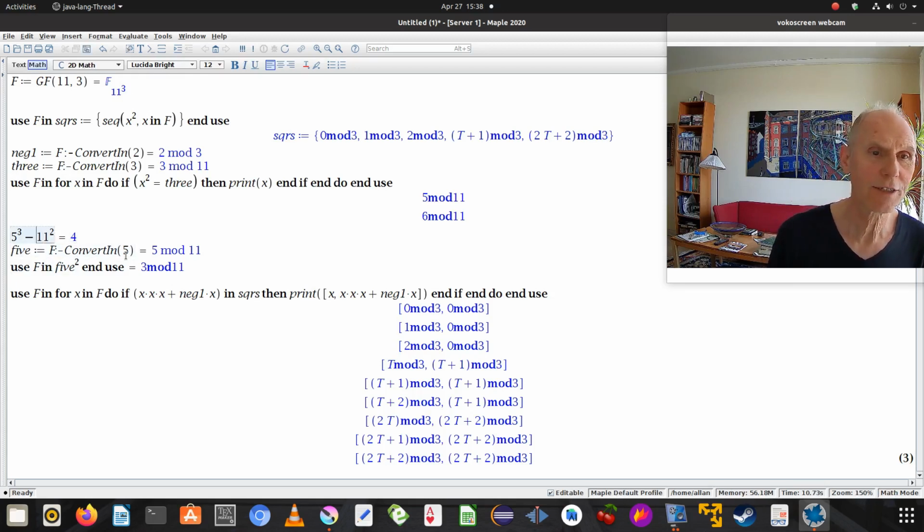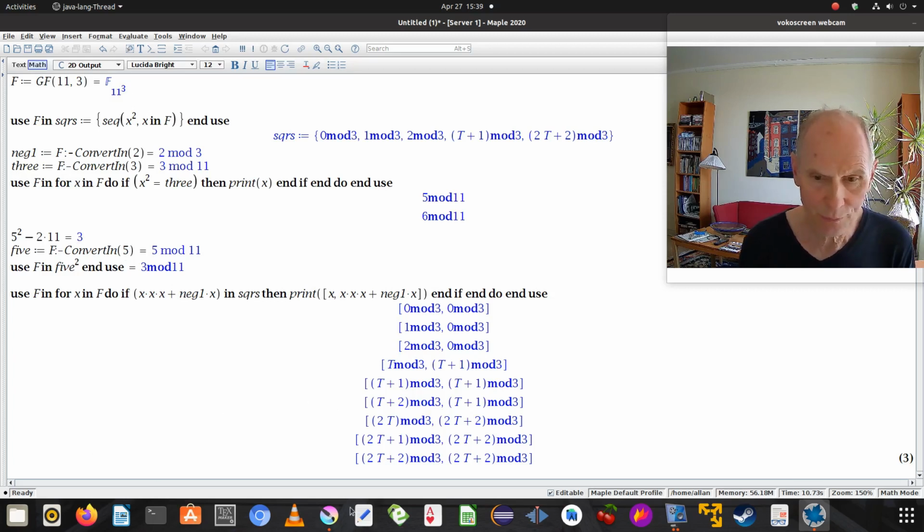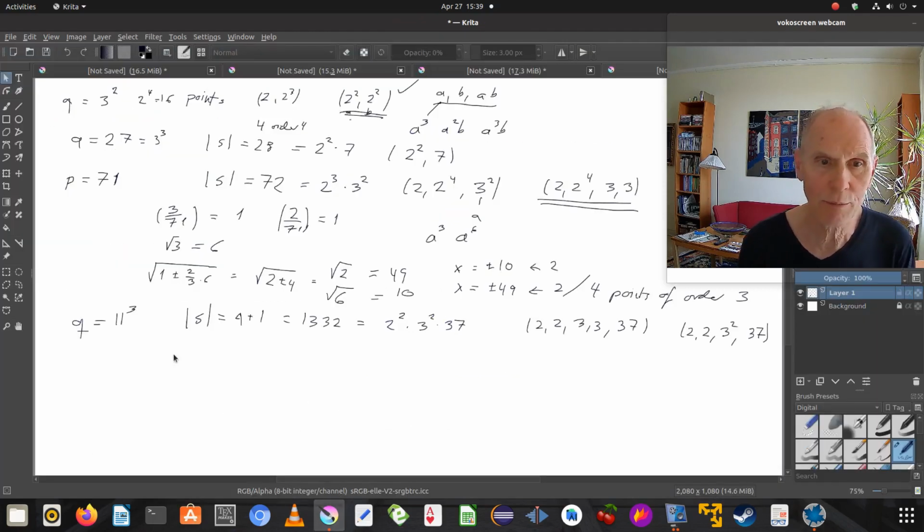I only had to square it. That's 25 minus 22. There we go. So obviously, it's just 5. So it becomes quite simple.